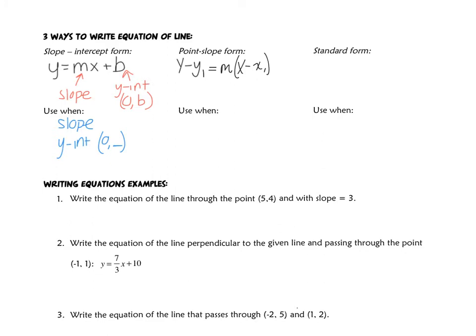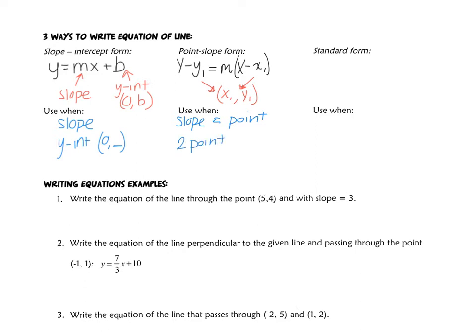Again, the m stands for slope. This (x1, y1) is your point, so that's actually the point on the graph that you're given. The reason you'll use this is when you're given a slope and a point on the graph, or when you're given 2 points.